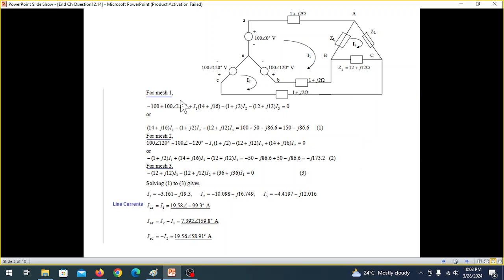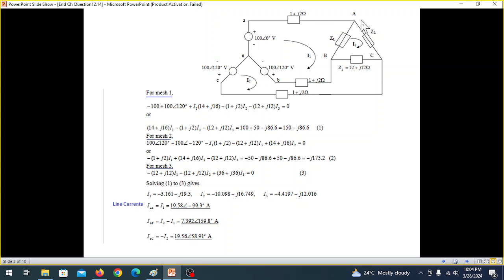Now what he has done is, he has written three equations, one for this mesh 1 and the other for mesh 2. I'll not go into the details, you can just follow it. And the third for this mesh 3. And then he has found the line current, IAA.